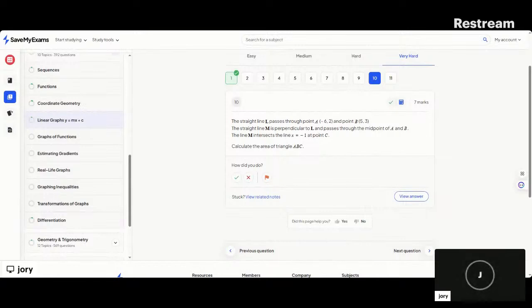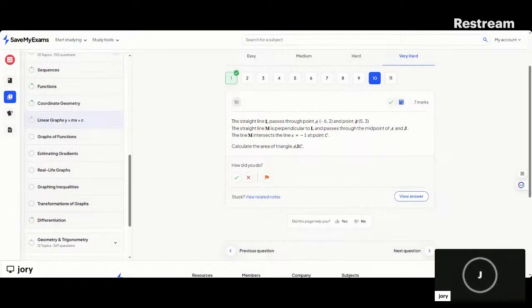Okay, so c equals negative 3. I'm not sure about that. 5 over 2 minus 11 over 2 is negative 3. So it's y equals negative 11x minus 3. That's the line.